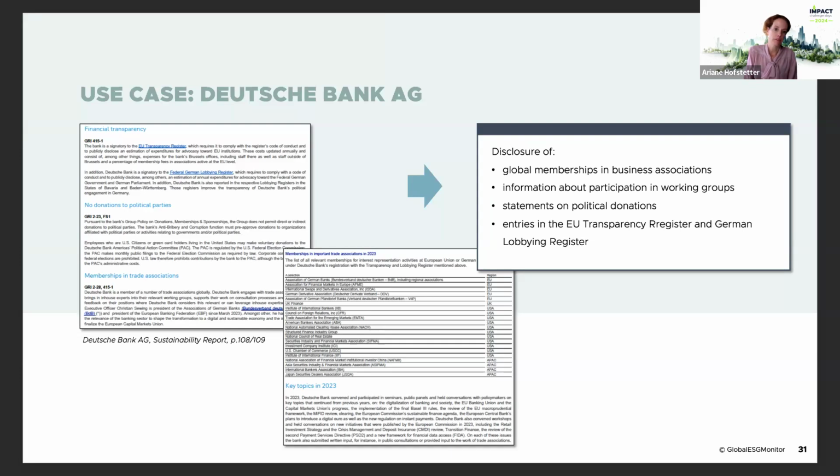And on the left side, they have a declaration on party donations, which is no donation to political parties. And then they give insights into their entries in the EU Transparency Register and the German Lobby Register. You see that's a very detailed approach to the topic of lobbying, giving information in a more descriptive format, and then also in a tabular format.